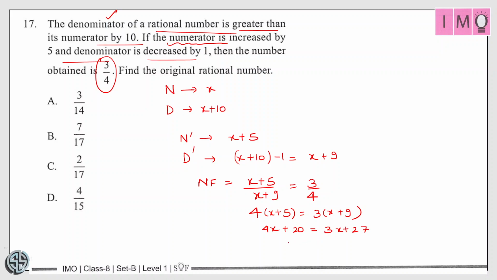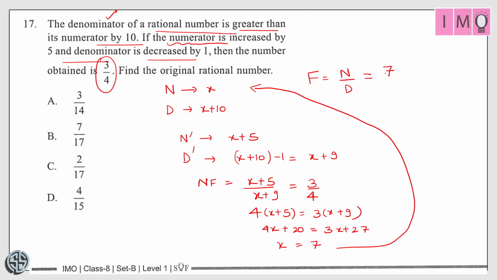Now when you take 3x to that side, it will become 4x minus 3x, which is x, and 20 on this side will become minus 20, so 27 minus 20, you will get x as 7. Now when you put it here, you will find your fraction, numerator upon denominator. X you have got 7, which is the numerator, and the denominator is x plus 10, so 7 plus 10 will become 17. So your answer will be this.